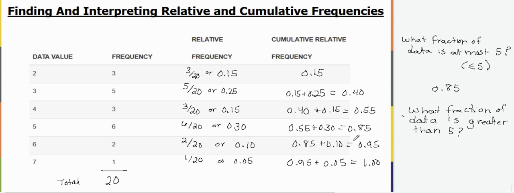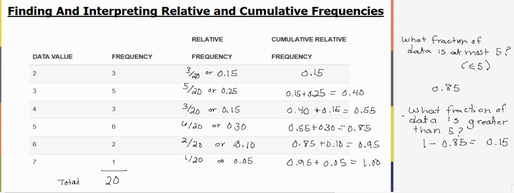One way of doing that is I can add up these two relative frequencies, or I know that my total cumulative frequency is going to add up to 1. So I can take 1 and subtract out the amount that is less than or equal to 5, and this will give me my remaining percentage. So 1 minus 0.85 lets me know that 15% of my data must have been greater than 5.